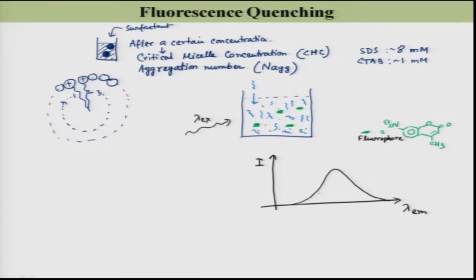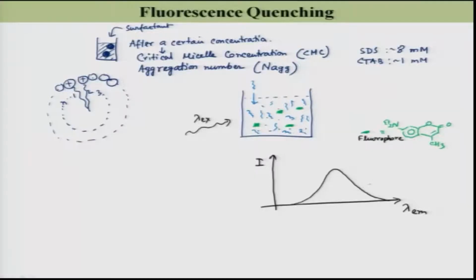Now, as you are adding the surfactant, you keep on measuring the fluorescence spectra of this molecule. When there is no surfactant, let us say it looks like this. As you are adding surfactant and measuring, initially there is no change, it will remain like this, like this, like this.